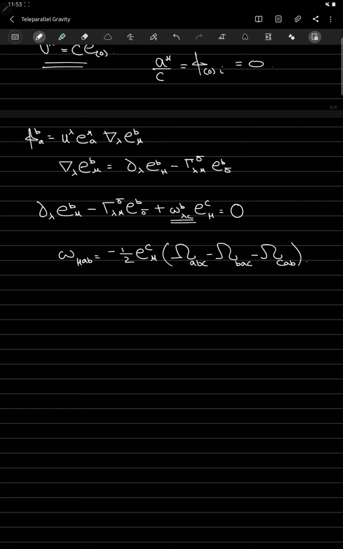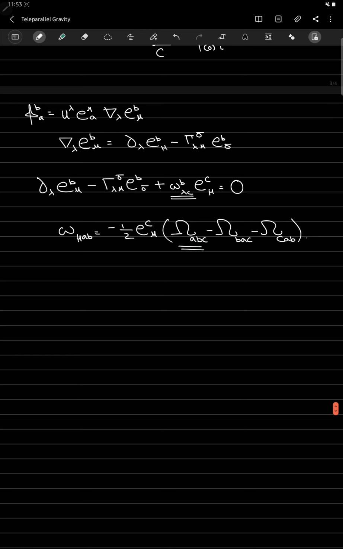And now remember that we said our dynamical fields are the tetrad fields. So this omega a b c, you should know that it is in terms of those tetrad fields, and so I will write that it is simply equal to e a nu times e mu b partial mu e nu c minus e mu c partial mu e nu b, right?